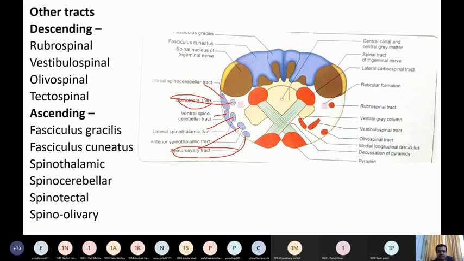These are the tracts found in the lower part of the medulla oblongata at the level of the pyramidal decussation.